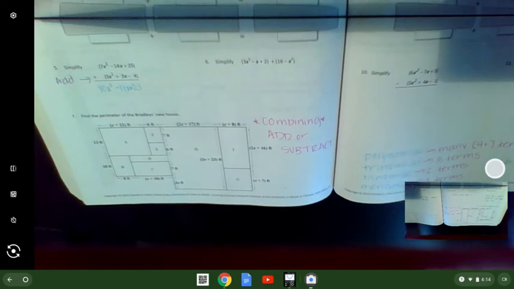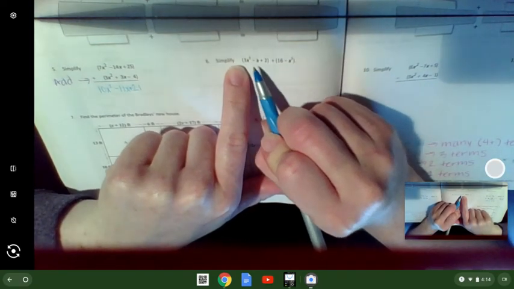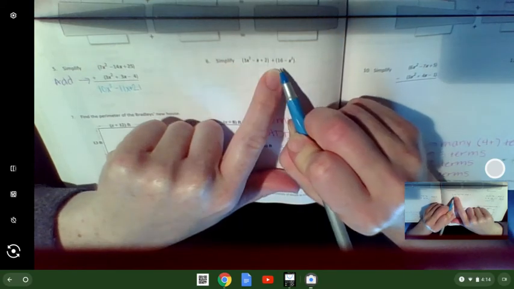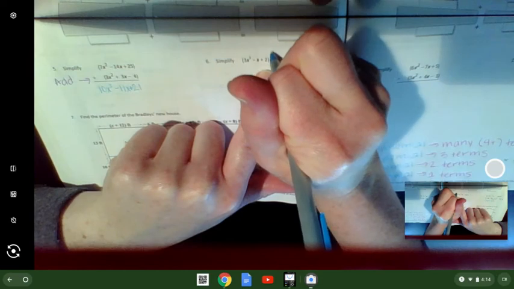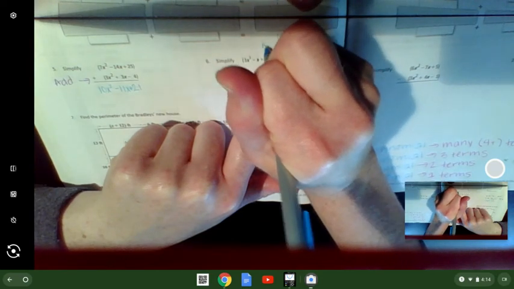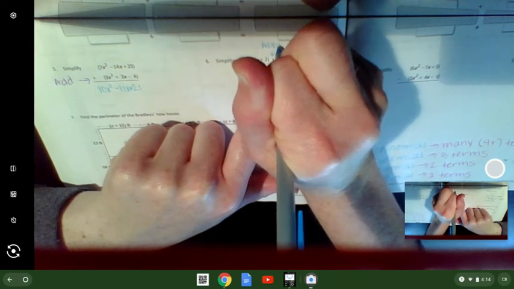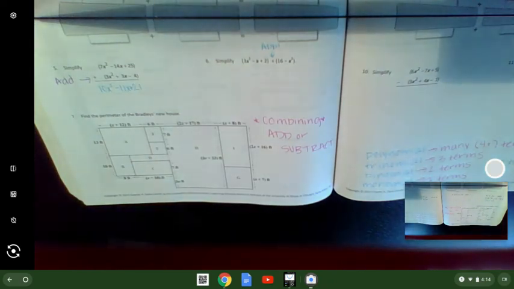Now you will notice that this one is written sideways. Totally okay. I'm going to look in between this 1, 2, 3 trinomial and this 1, 2 binomial to verify what operation we are going to do. And I see that this is, again, addition. We are adding. So again, we are looking for like terms.